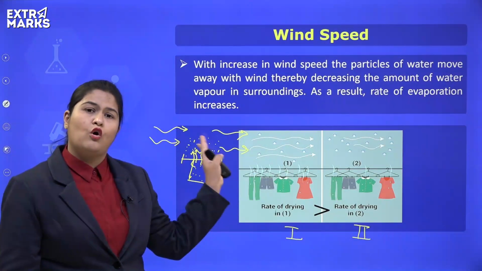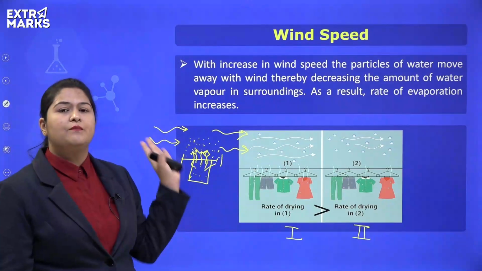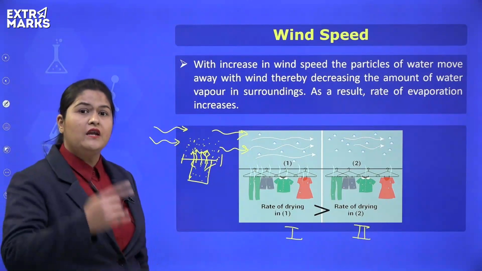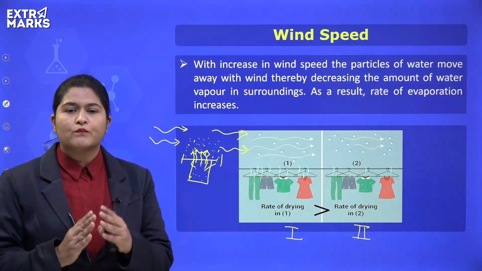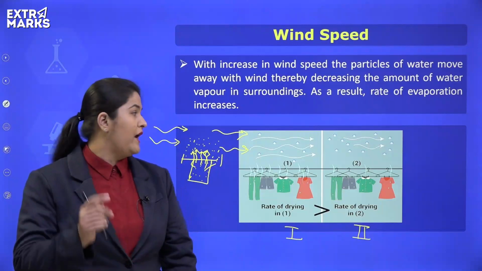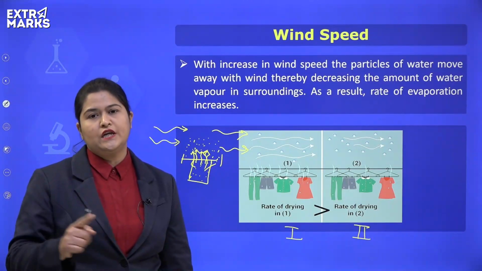Okay, so air moves, along with that water vapors also move, and the saturated air is replaced with the unsaturated air, and again the evaporation speeds up. And that is the reason why we observe that clothes dry at a faster rate when wind blows continuously.